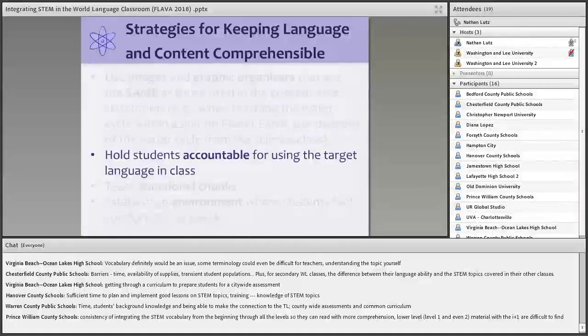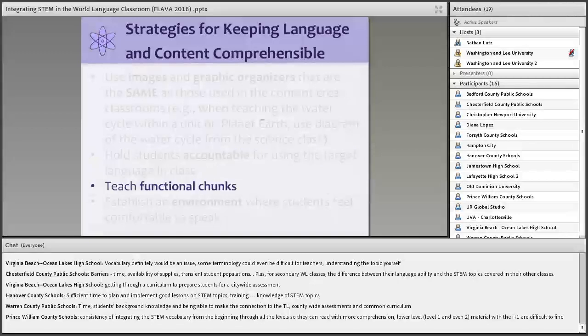Another thing you can do is hold students accountable for using the target language in class. This is a very important thing for us to do, really striving for getting them to respond appropriately in the target language in whatever response to whatever prompt that you've given them. Teach language in functional chunks.